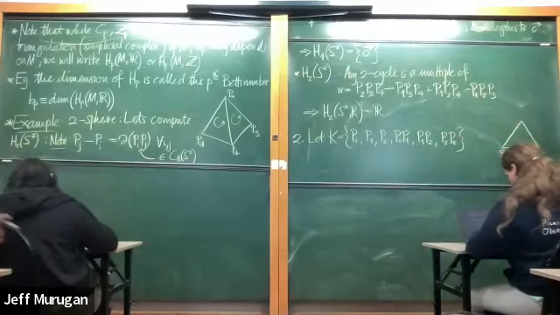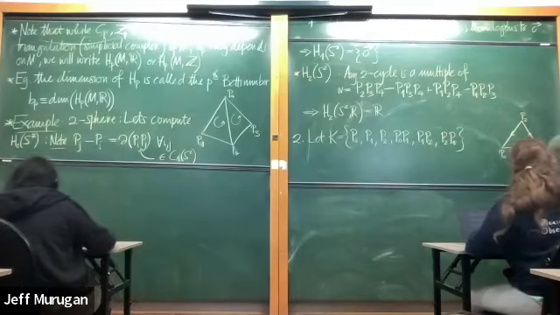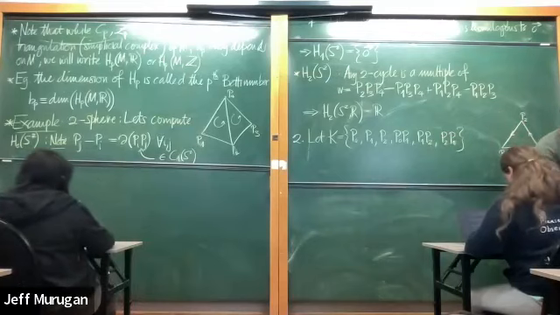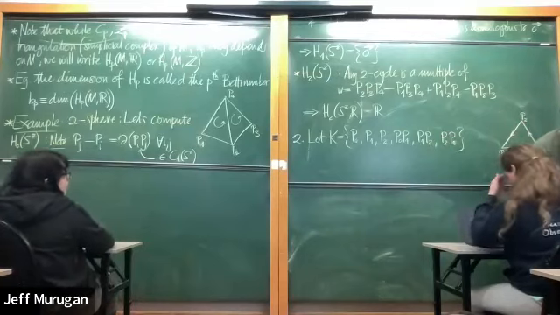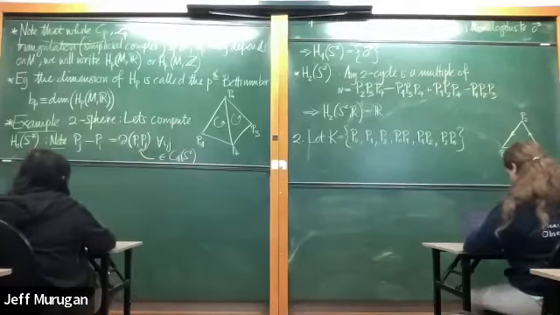P0, P1, P2, an oriented triangle. There's no interior, and this is the triangulation of the circle.